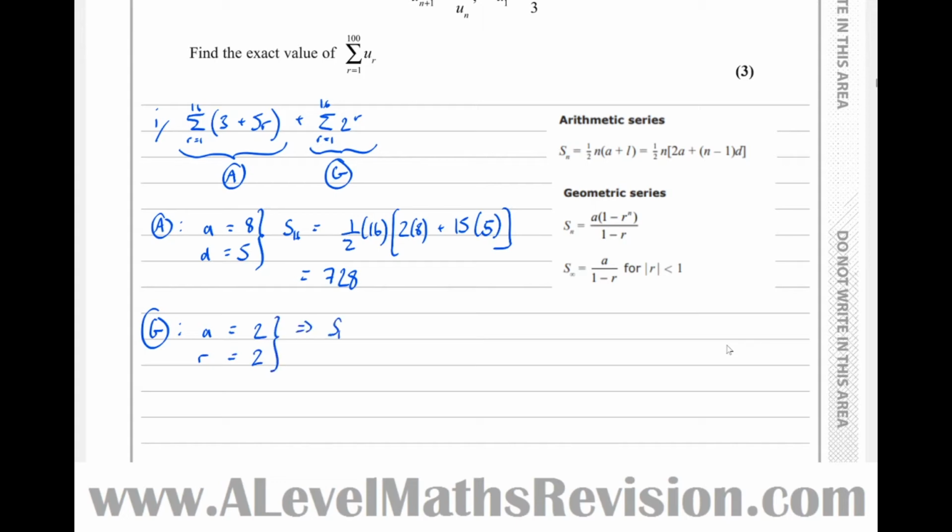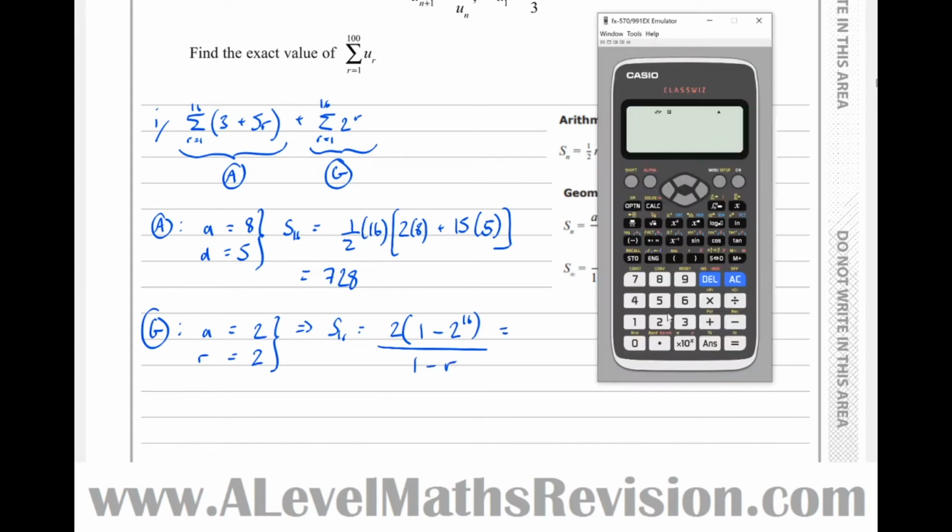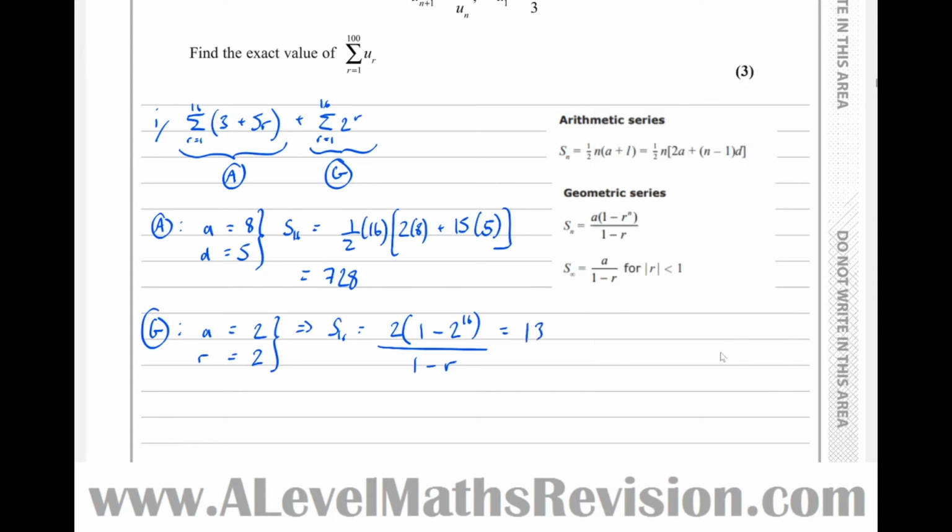So that means that S16 equals, then subbing it into the correct formula, a(1 minus r to the power of n) over 1 minus r, equals, so type that in the calculator now, 2 times (1 minus 2 to the power of 16) over 1 minus 2, equals 131070.